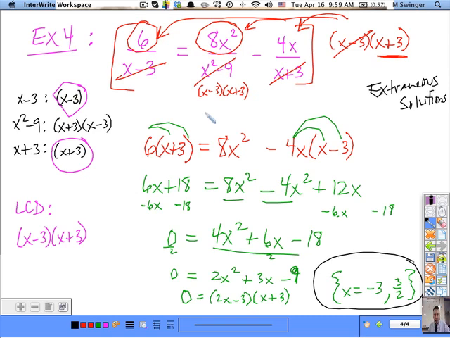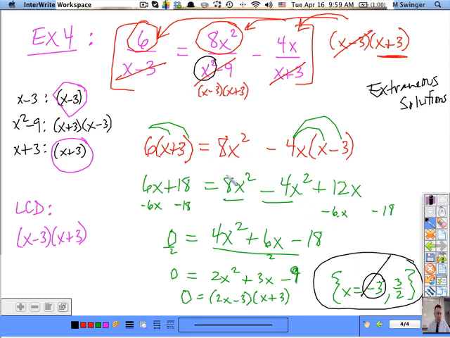But if you check something out here, right here I know something. It's an easy check in this case, because negative 3, if you put it right here, negative 3 squared is 9, right? 9 minus 9 is 0. You can't divide by 0 right there. I know that's gone. That's an easy check.